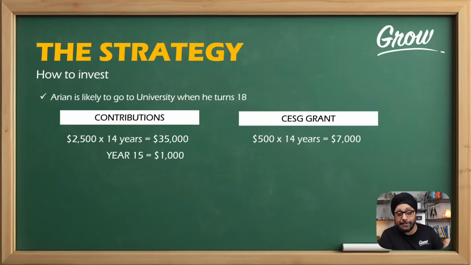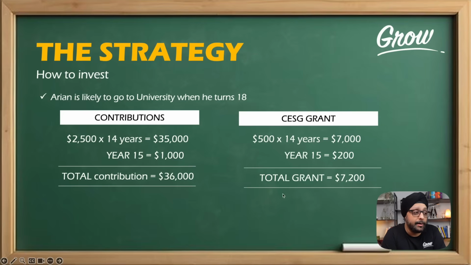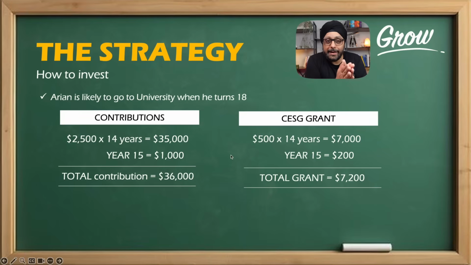The moment I invest $1,000, I'll get again 20% of the grant, which is $200, and that way I'll maximize my grant of $7,200 in just under 15 years, but my overall contribution will be $36,000. But my maximum contribution that I can make is $50,000. So you maximized your grant in year 15 at $7,200. That's amazing, but your overall contribution is $36,000, which is $14,000 less than your maximum contribution that you can make.